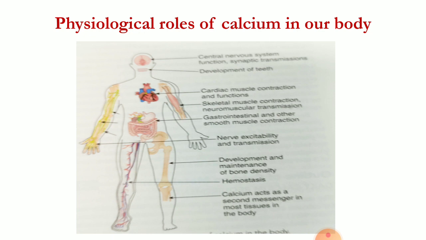Calcium is involved in secretion of glandular tissue as well as exocytosis of different cellular granules. So these are the overall functions of calcium. So to have uninterrupted activities of calcium, the body calcium, plasma calcium most specifically, must be kept within a physiological limit. Now let us see how the calcium balance is maintained in our body.